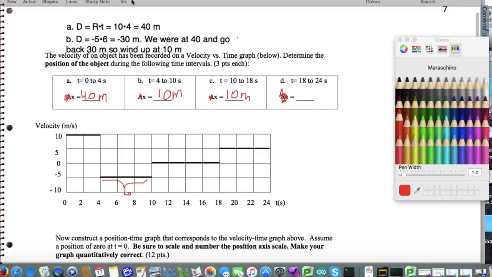And then for part D, and you know what, just for the sake of your notes, I'll say part C, we sit still. And then for part D, we travel for 6 seconds at 5 meters per second. So D is 5 times 6, which gives us 30 meters forward.